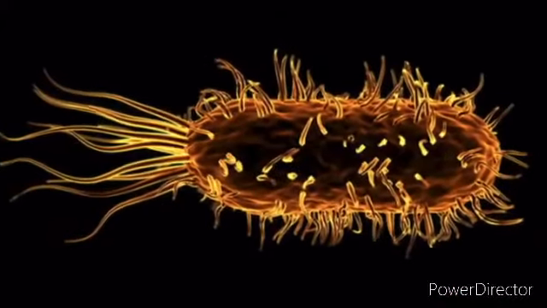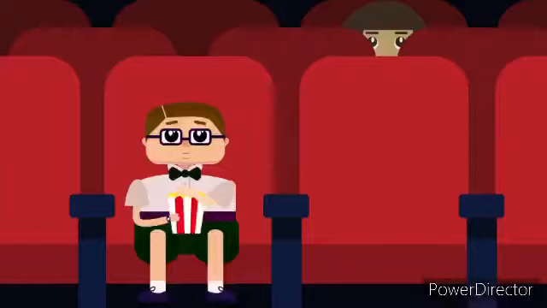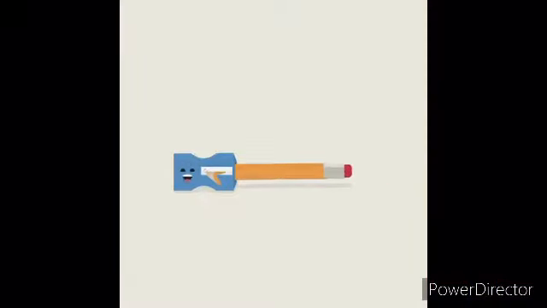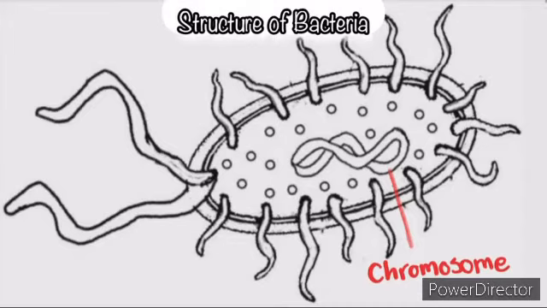Okay, now let's talk a little bit about the structure of bacteria. I want you to pay full attention because it gets confusing here, even though it's simple, but I just want you to not get lost. So the first thing that we're going to mention in bacteria is the chromosomes, which basically hold the genetic material of the bacterium.